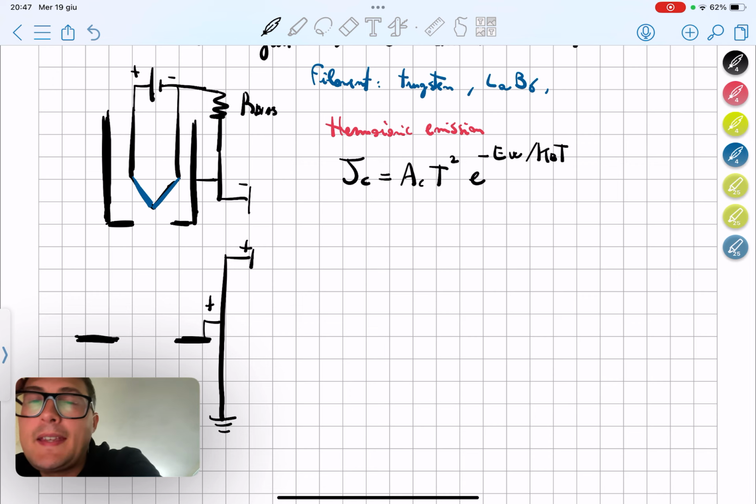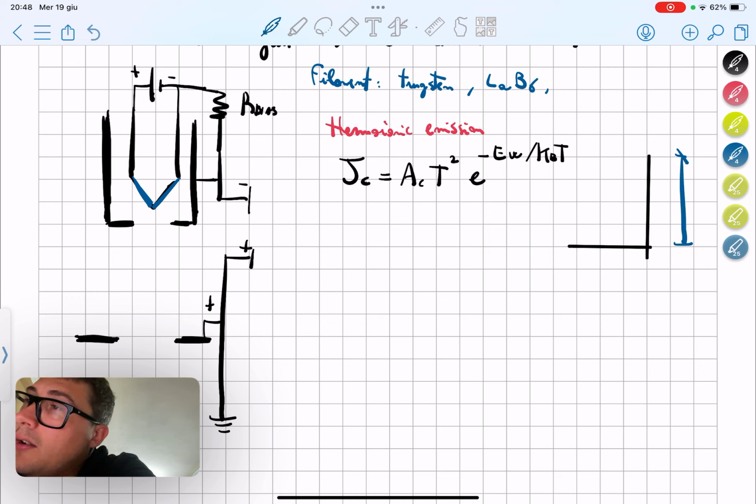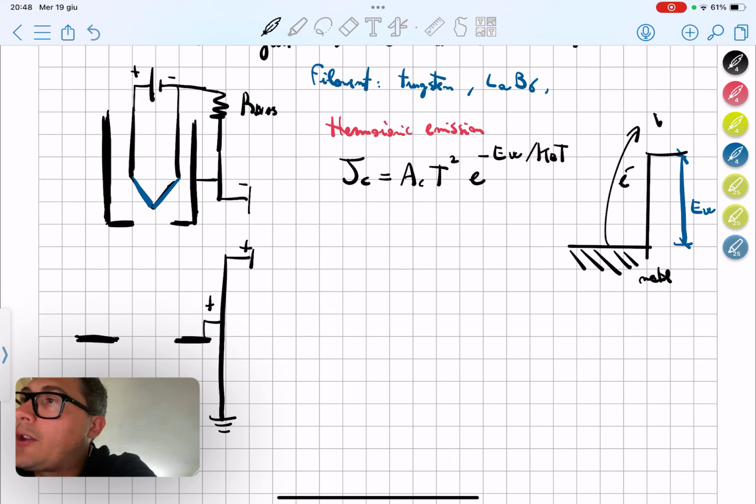Of course kBT is the thermal energy, whereas EW is the work function, which I would like you to remember as the energy that is needed in order to extract. So let's say this is the energy EW needed to extract from a metal, for example, an electron and put it into the vacuum.